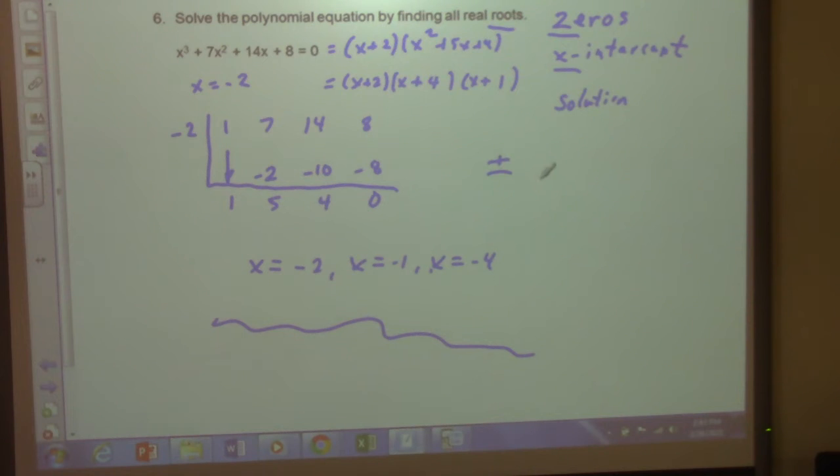So we're going to have plus or minus 8, plus or minus 4, plus or minus 2, plus or minus 1. And so 3 isn't going to work out, because that's not a potential rational zero according to the rational roots theorem.